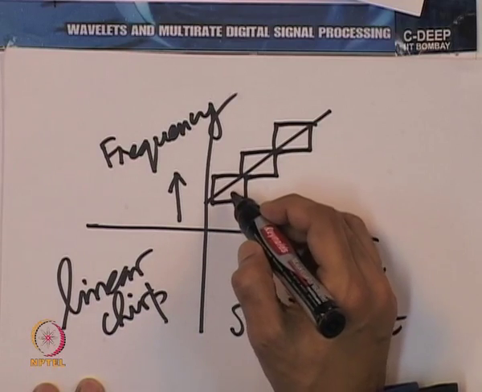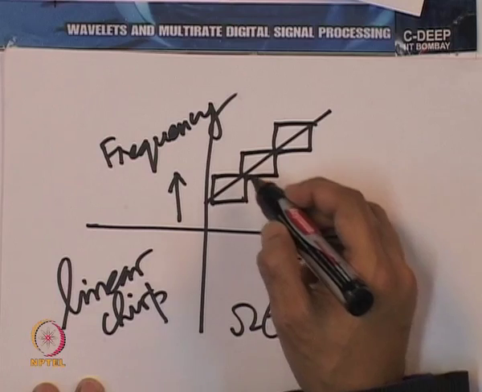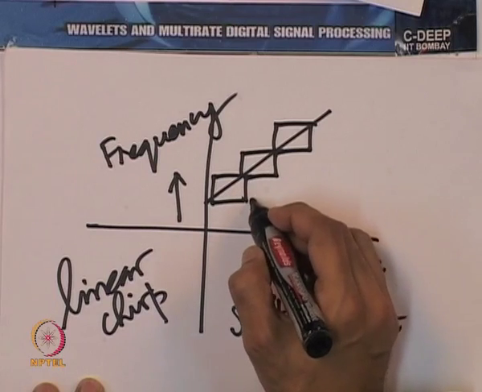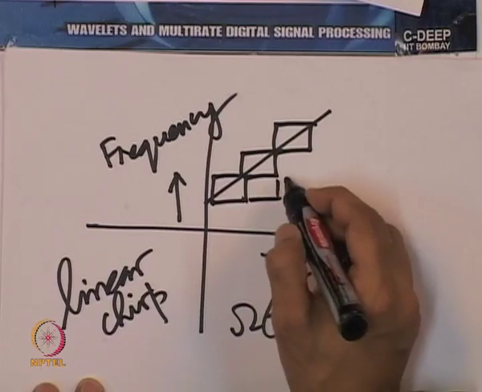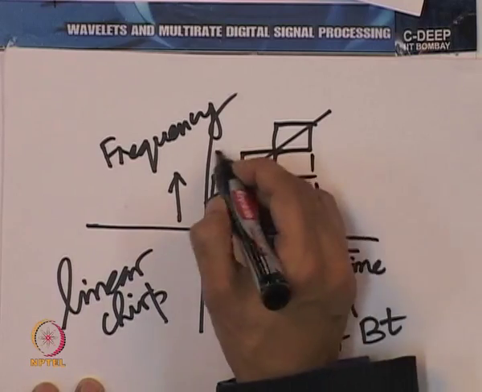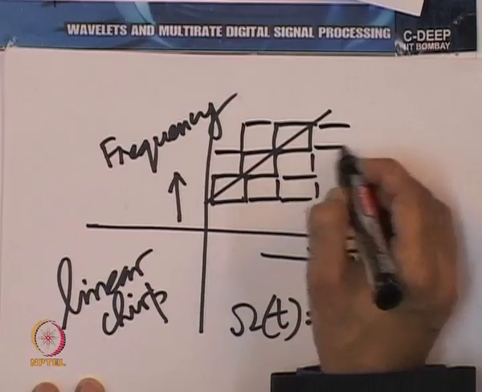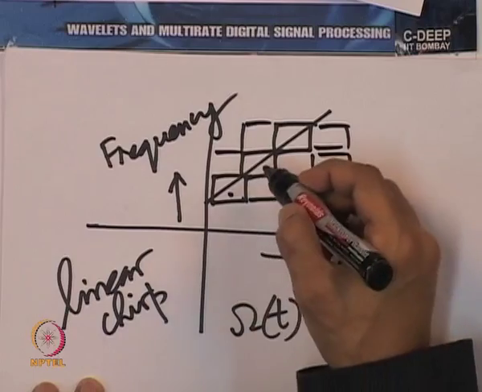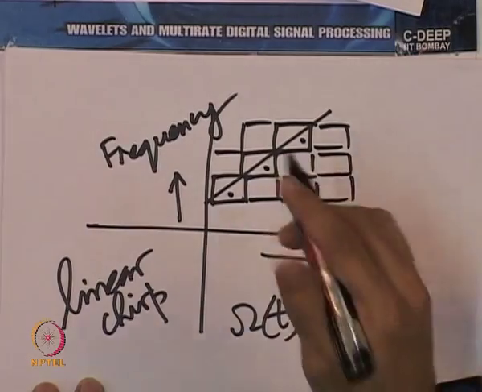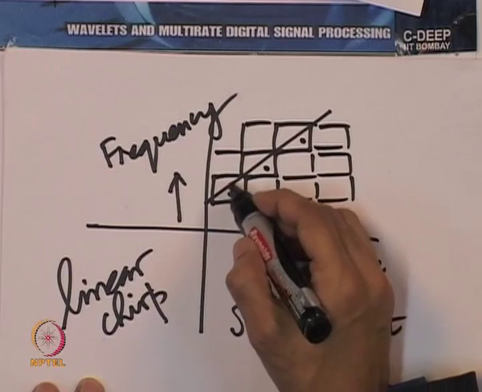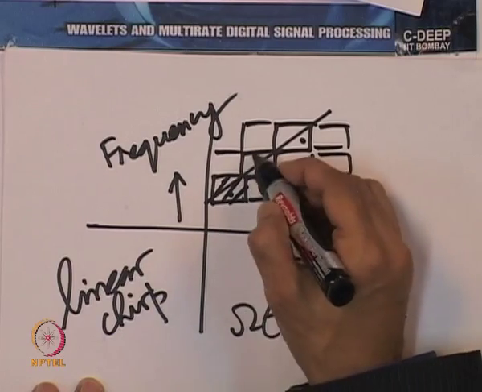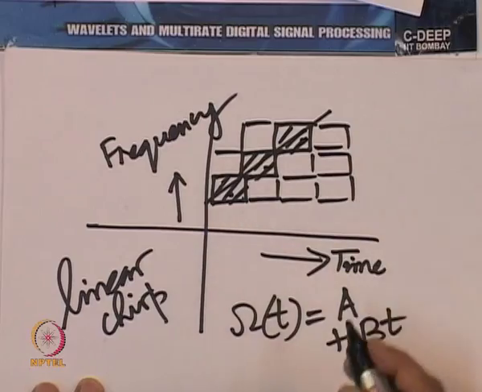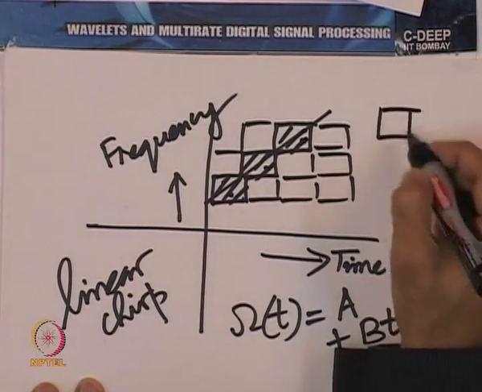So, you could crudely say, if the rectangles, suppose you think of putting many rectangles on this time frequency plane, so you had rectangles like this, put them all over, and you would see that these rectangles are lighted up, so to speak. So, I will shade these. The shaded rectangles are lighted up.